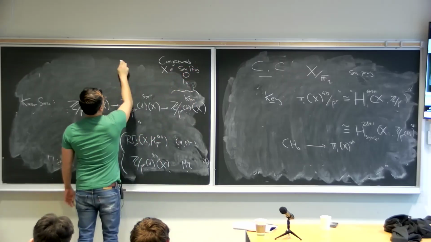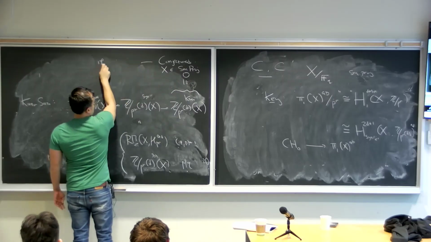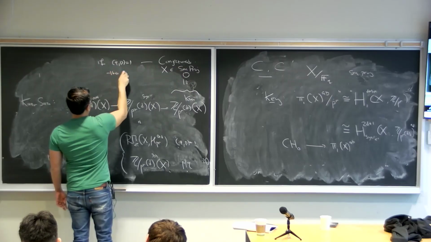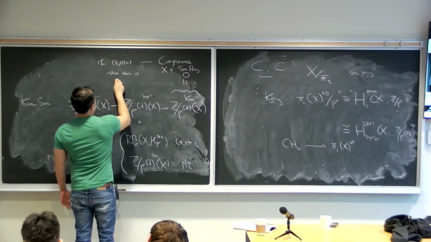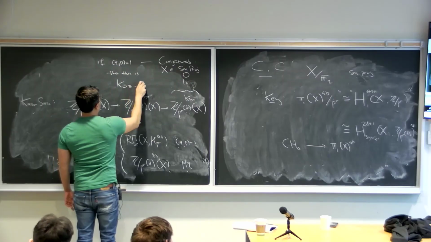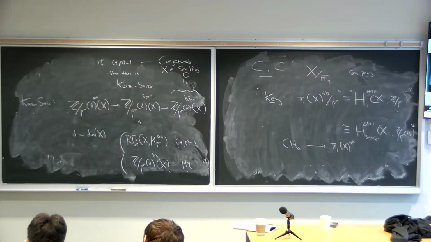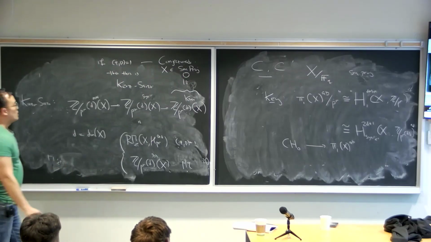If q and p are coprime, there's a theorem of Moritz Kerz and Shuji Saito. But otherwise, this is still open. So this is the conjecture that this is 0 when X is smooth projective.